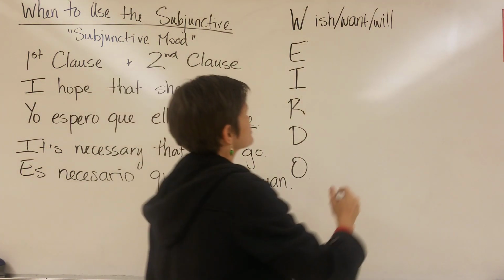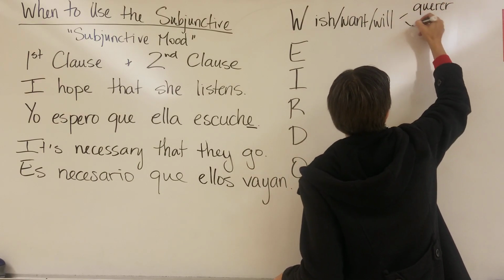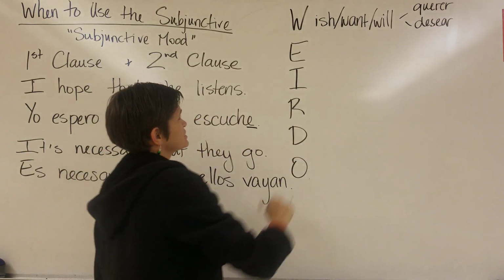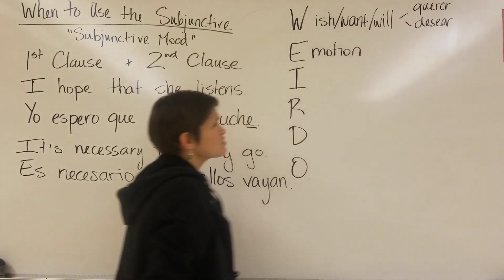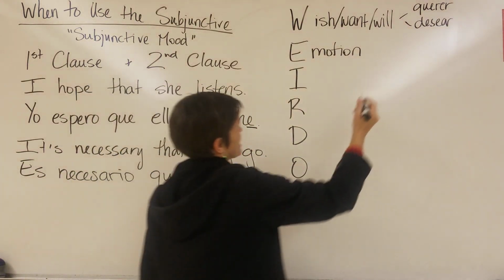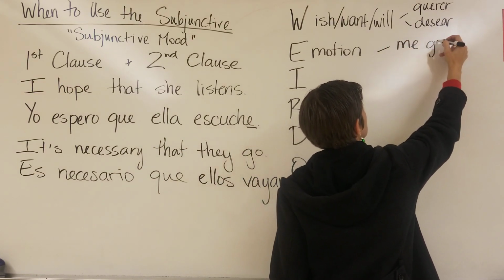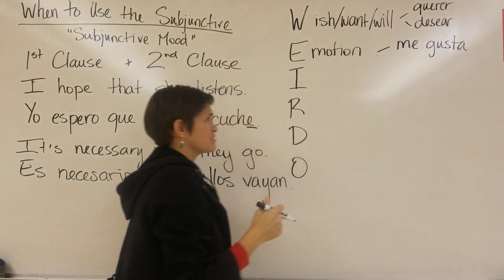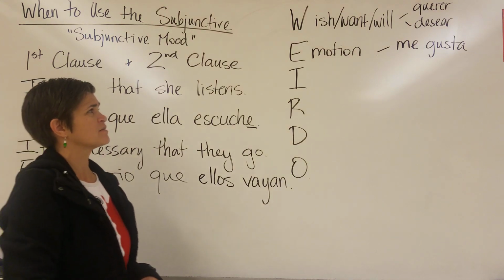So for that, we would use verbs like querer or desear. The E is for emotion. So I feel that, or I'm happy that. We can use me gusta for this. Like, me gusta que, and then somebody else does something.